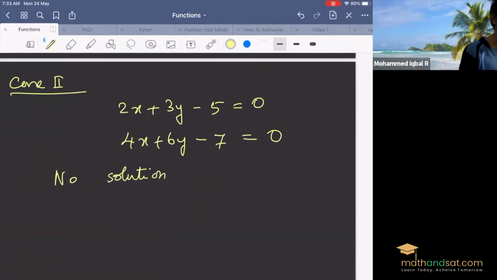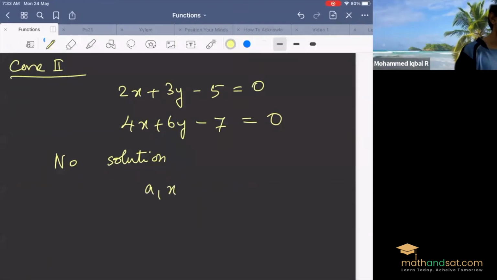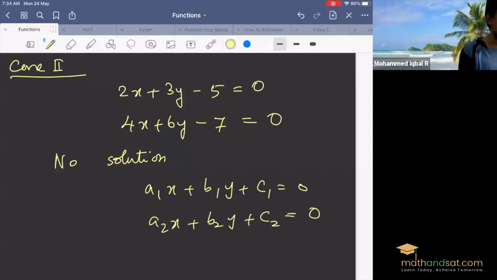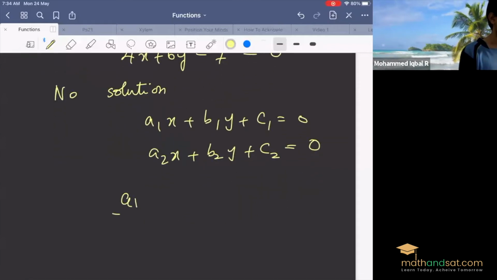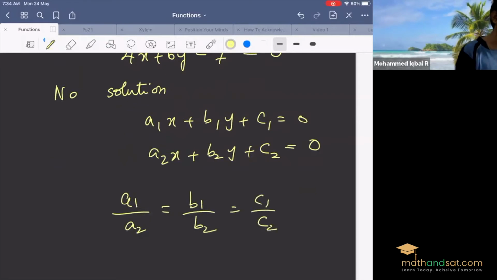No solution. And the condition is, if we have a1x plus b1y plus c1 is equal to 0, a2x plus b2y plus c2 is equal to 0, the condition is a1 by a2 has to be equal to b1 by b2, not equal to c1 by c2.